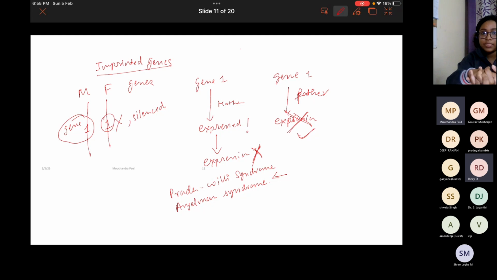Is it a mutation present in the allosomes? See, imprinted genes can be present in allosomes, sex chromosomes, both, right? But the sex specificity thing, how it will come, I'm trying to give you a clue.